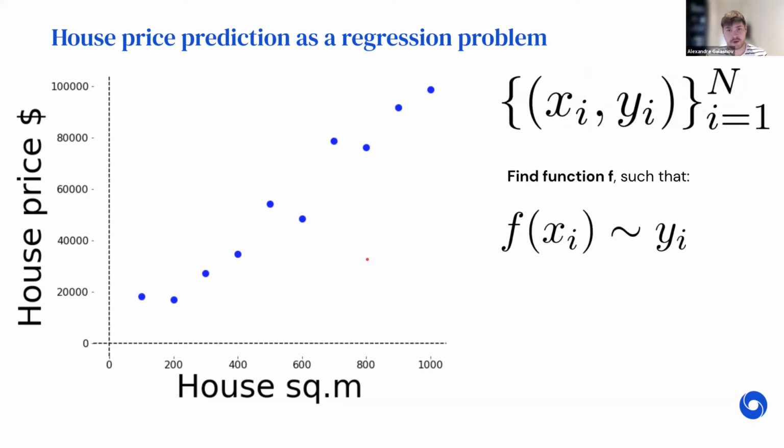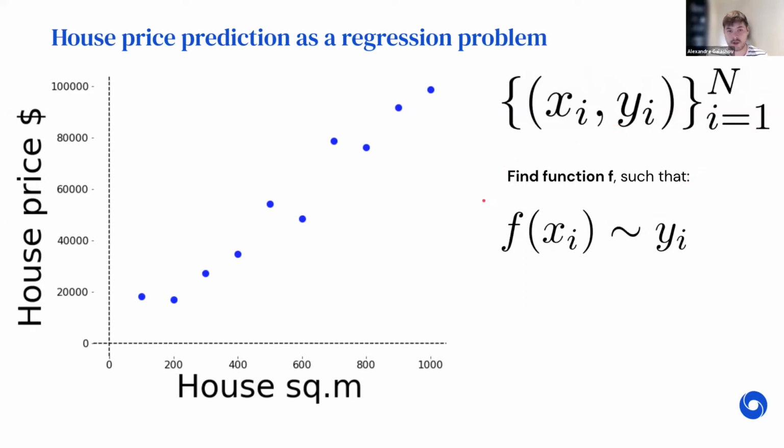What we want is to find a function which relates the X's, which are house sizes, to the prices, which are Y's in this case. Ideally we want it to be equal to Y, but maybe it's not always possible, so we want it to be close to the Y's we observed in the data set.